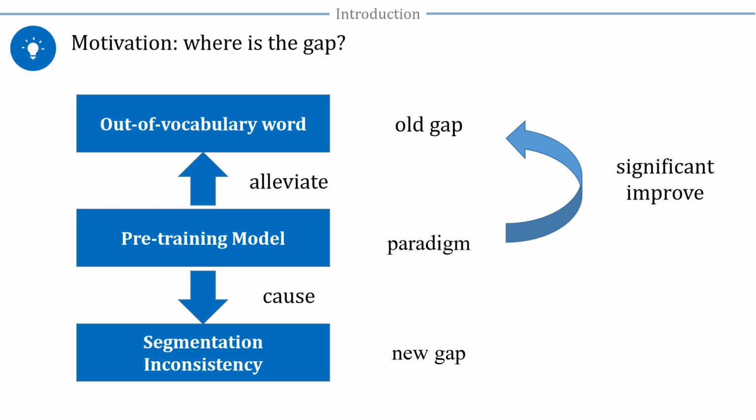So where is the new gap? Generally speaking, all the above-mentioned methods adopt sentence-level optimization. Neural network methods are good at processing short sentences instead of long sentences or document-level text, especially for Chinese word segmentation.